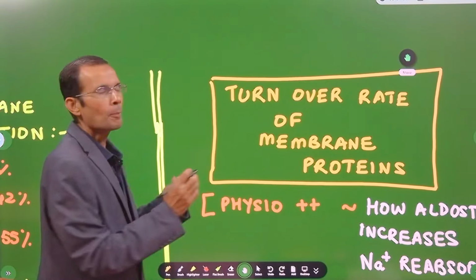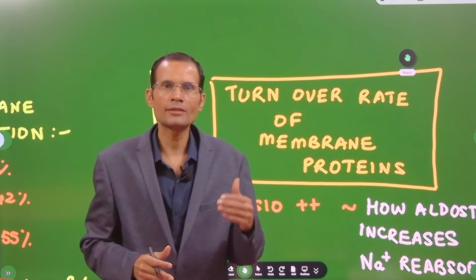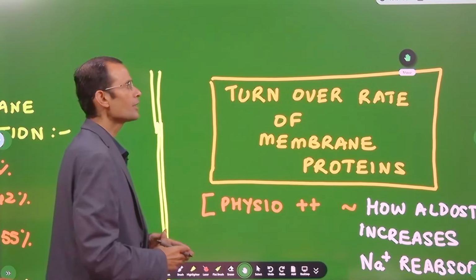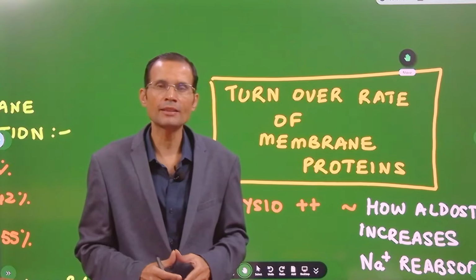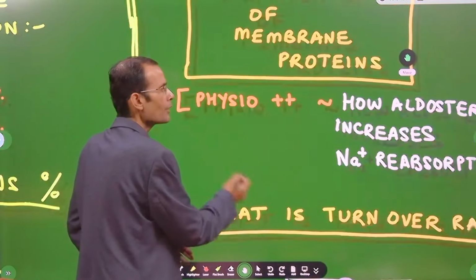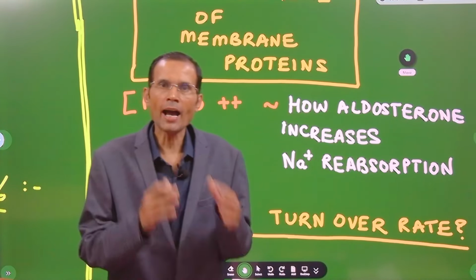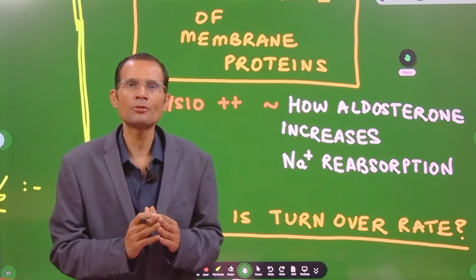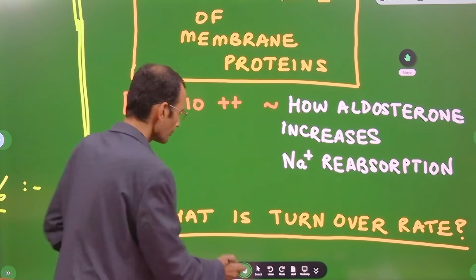The protein percentage for any particular cell membrane depends on a factor called the turnover rate of the proteins in that cell. Membrane proteins will have a certain turnover rate, and that will determine, at any given point of time, how much is the protein percent in that cell membrane.